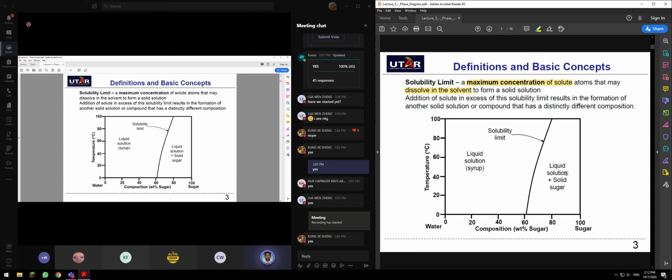Addition of solute in excess of this solubility limit results in the formation of another solid solution or compound that has a distinctly different composition.